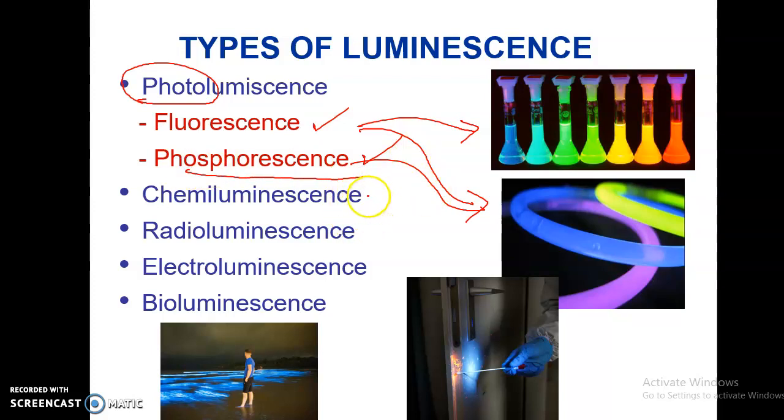Then we have chemiluminescence. The luminescence is based on the chemical reaction between A and B. What is A, what is B? Have a look at this photo. This is commonly found in any crime scene investigation drama, whereby we suspect that there is blood, and then we spray with some chemical, for example luminol.